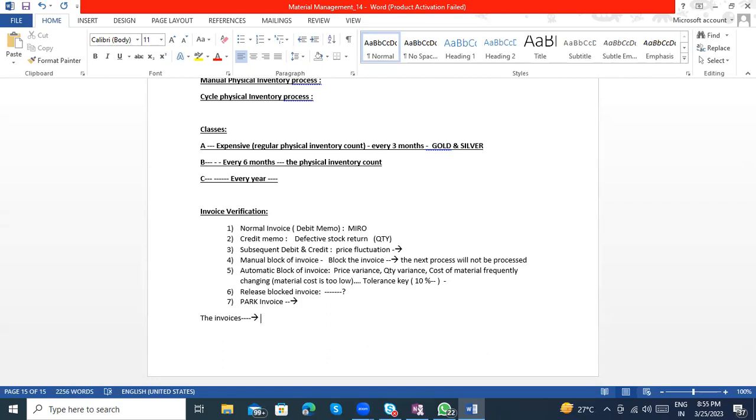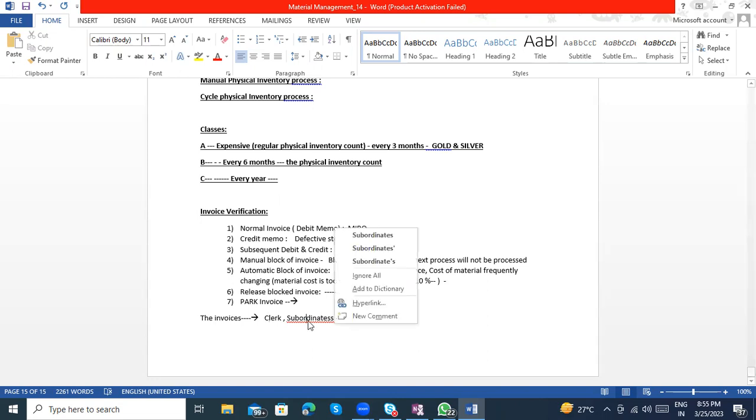So the initial-stage clerk or subordinate enters whatever invoice they received, and it is parked.